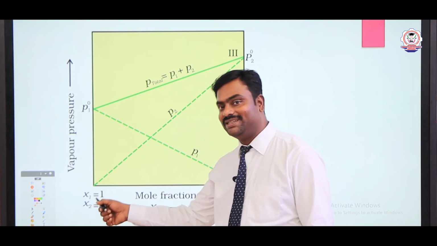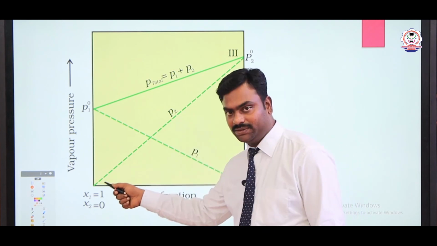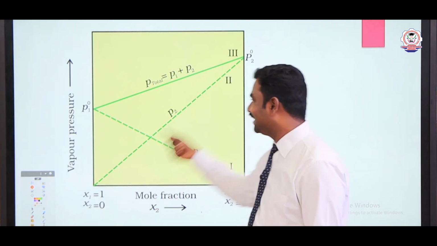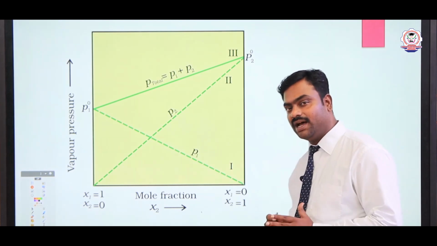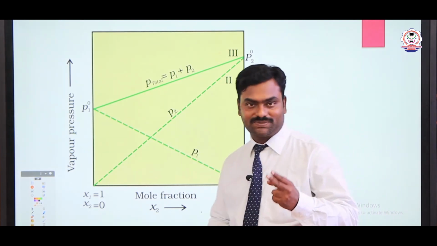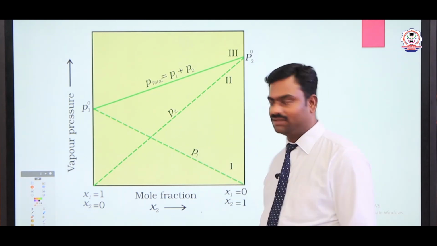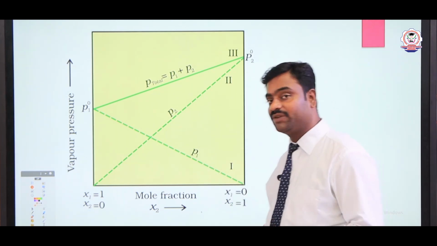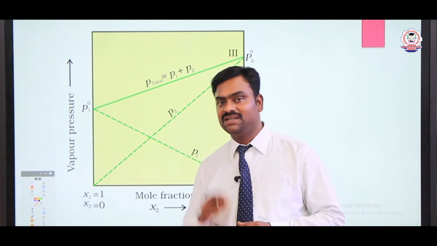What about X2? X2 is increasing, right? So the second straight line is increasing up to when X2 is equal to 1, a pure component 2. The vapor pressure must be known as P2 naught. Now we are going to connect these two lines, P1 naught as well as P2 naught.